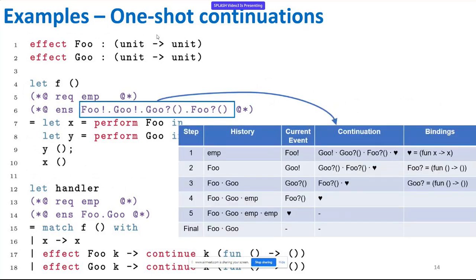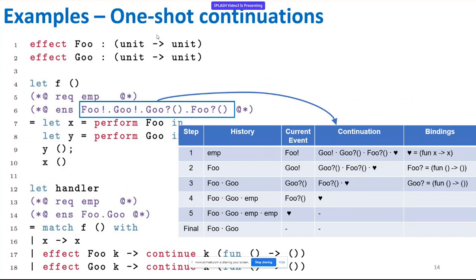This table shows the reasoning that takes place at handlers. It's sort of like a symbolic execution of f against the handler. Because f is called right at line 15, we check its precondition, which matches, so it's allowed to be called. Then we look up its postcondition, which is in step 1 of the table. This is the behavior we start with, and we split this into the current event and the current continuation.